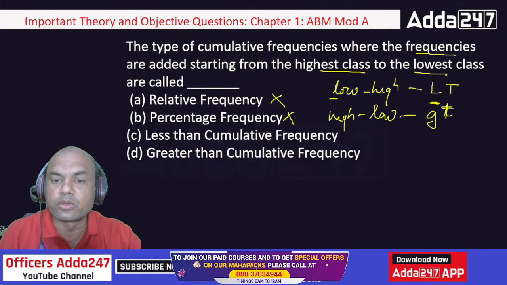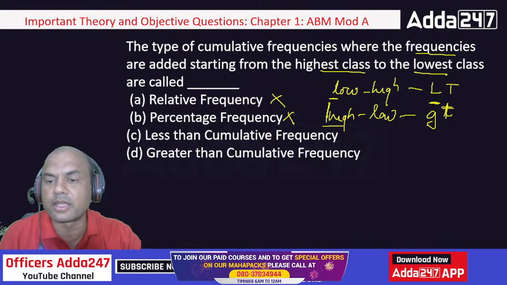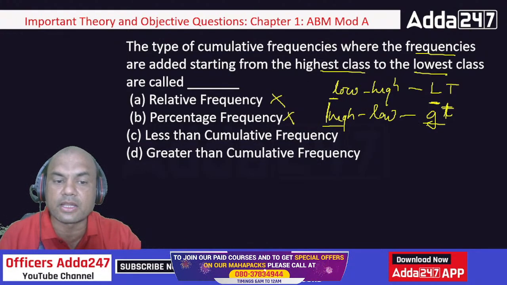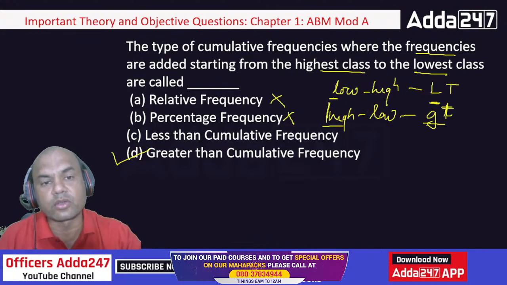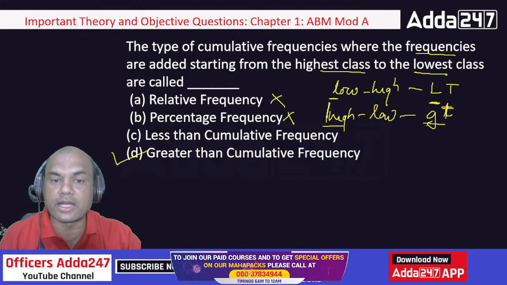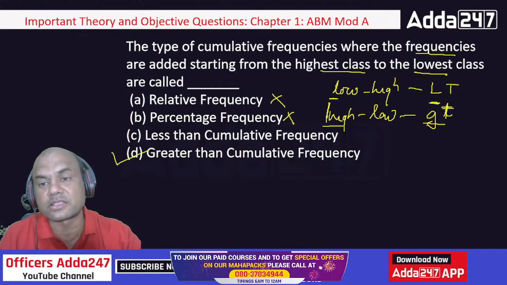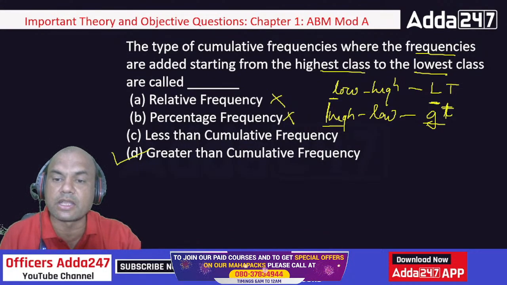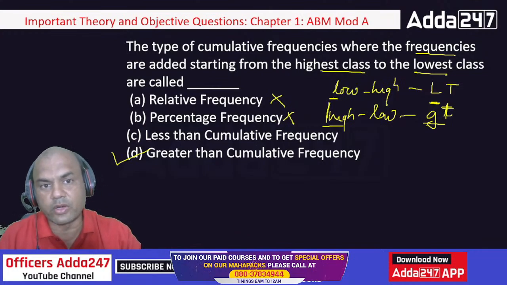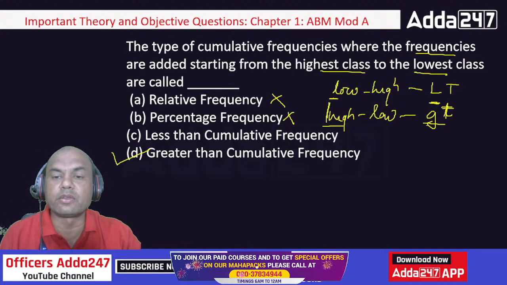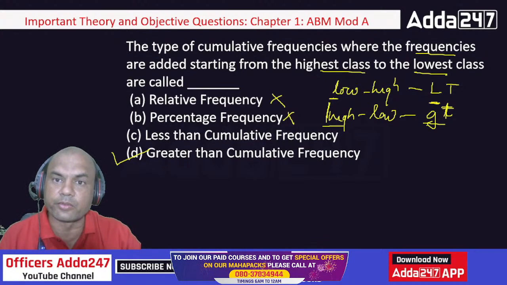So high to low, whenever the high number is first and then I have the low number, then this is called greater than cumulative frequency. So the question is, the type of cumulative frequency where the frequencies are added starting from the highest class to the lowest class. It is known as GT, greater than. Will you remember it now? Suppose if I tell you less than means what? Starting from low. Greater than, starting from higher.